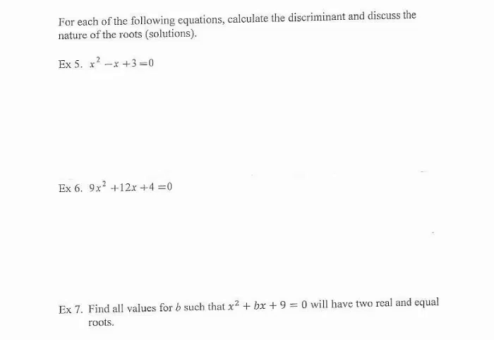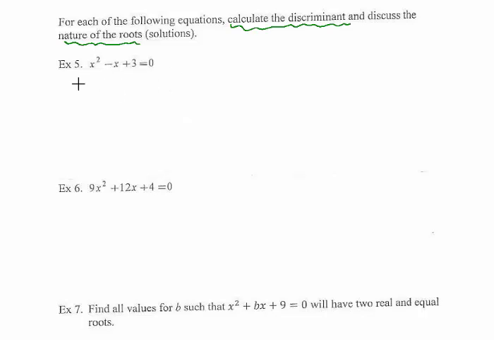Definitely try to follow through that one on your own, but I'm going to work out these examples on the next page. If you look at the instructions, it says calculate the discriminant, and it says nature of the roots. That's just to say that we want to talk about how many and what type, not necessarily what the numbers or the solutions are exactly.